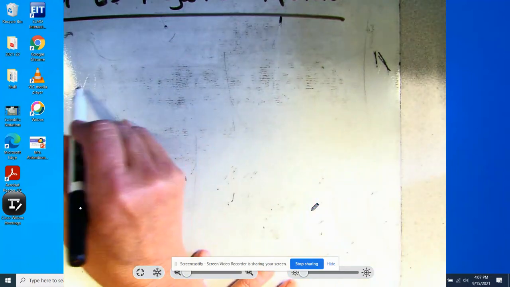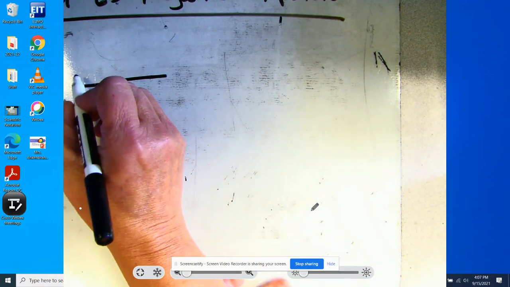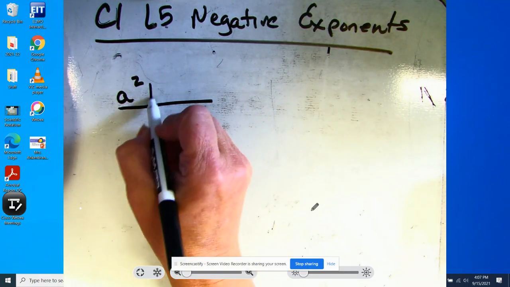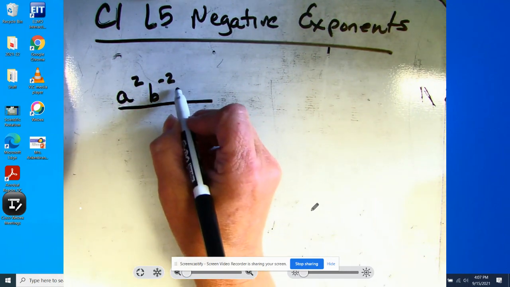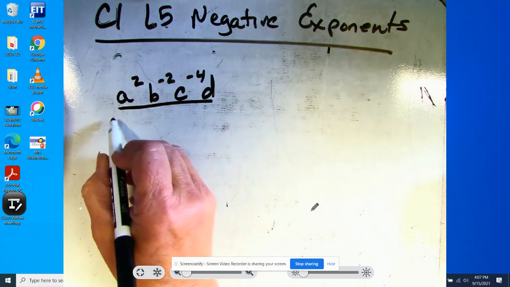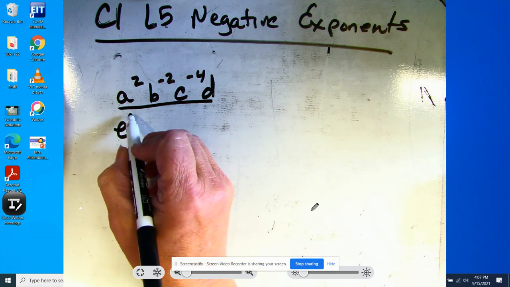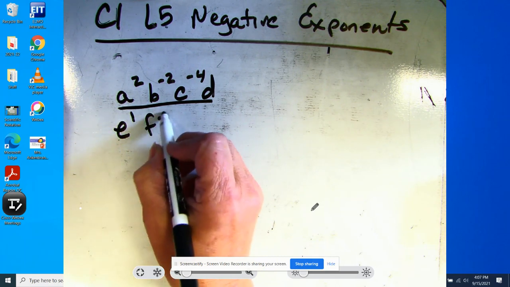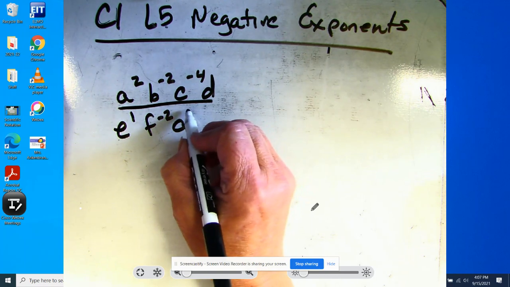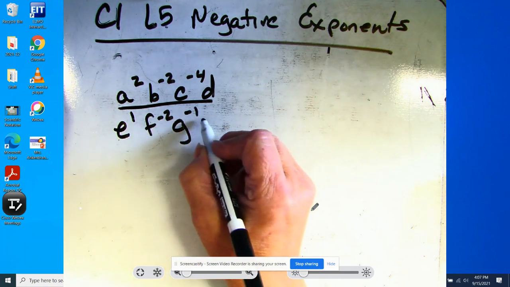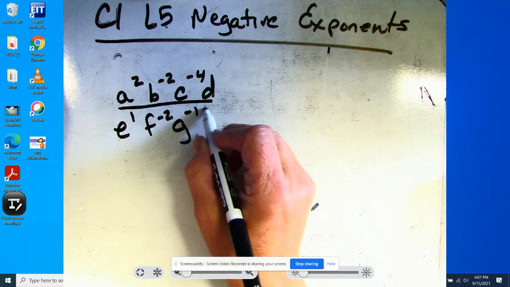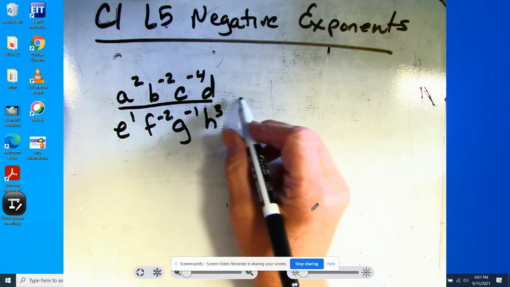So we played a little game in class called Stay or Go. So if we had a squared, b to the power of negative 2, c to the power of negative 4, d, e to the power of 1, f to the power of negative 2, g to the power of negative 1, and h to the power of 3.